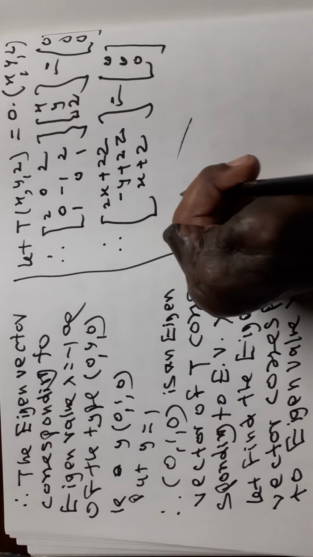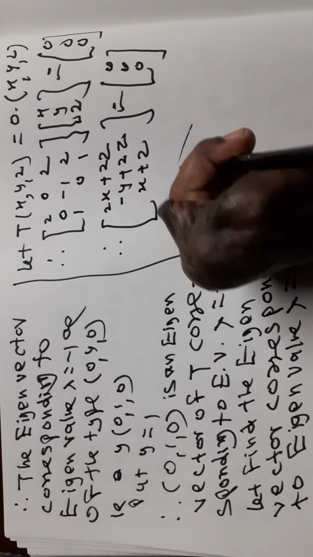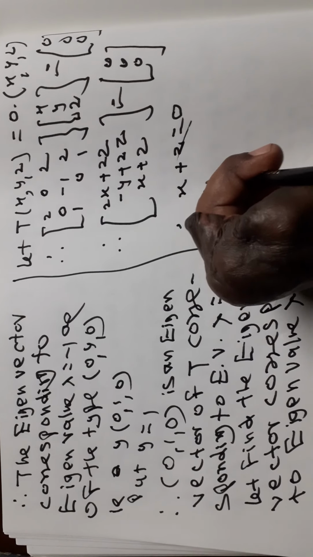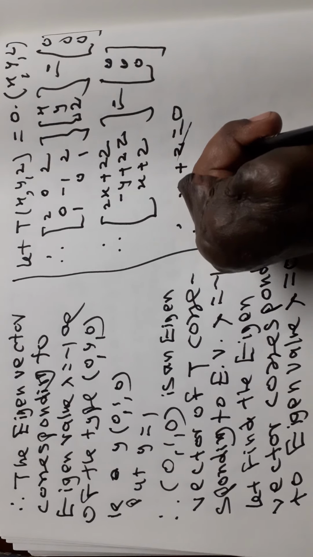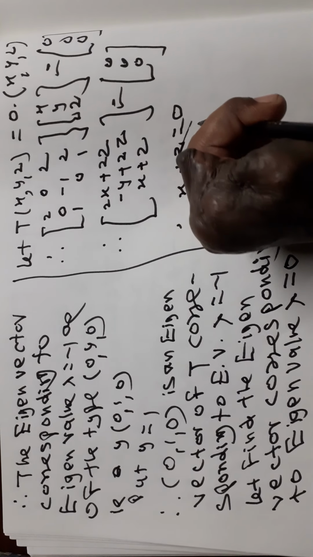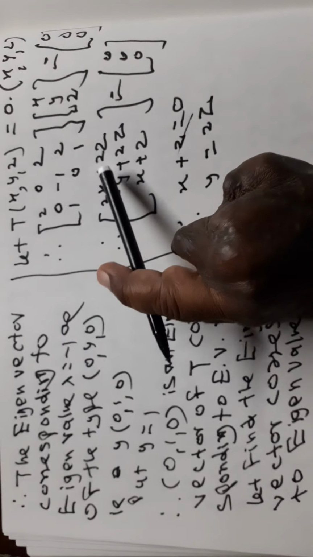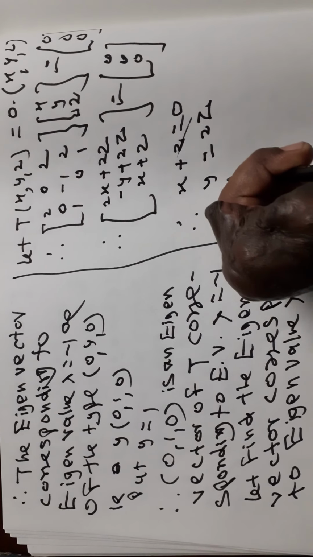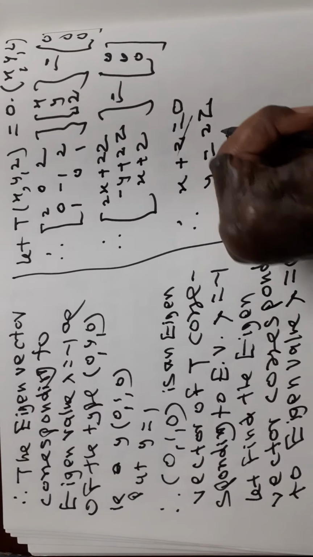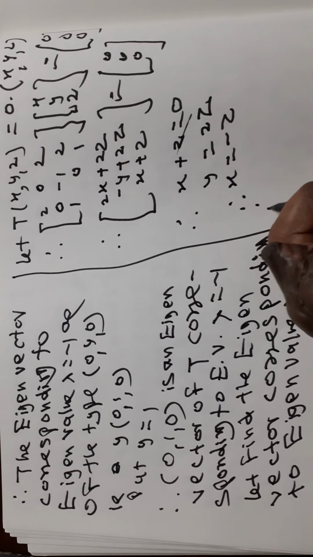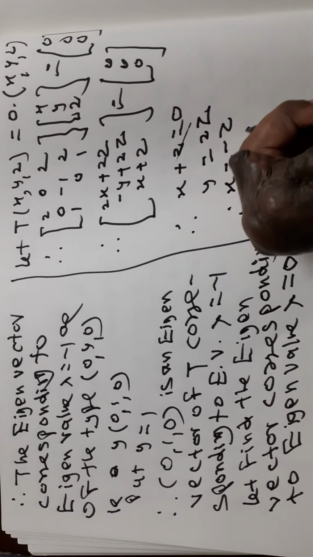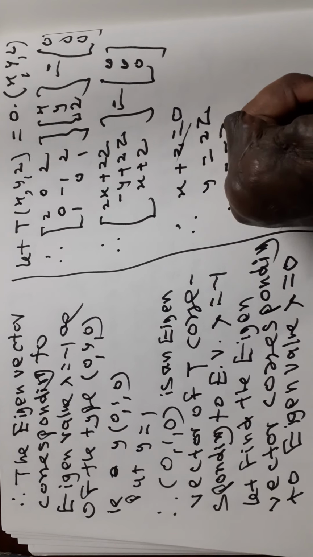Therefore, x plus z is equal to 0. Minus y plus 2z is 0, so y is equal to 2z. Therefore, x is equal to minus z.